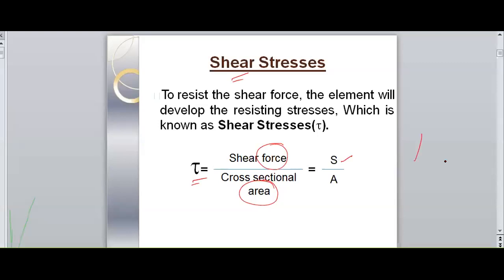If I consider a body, the shear force is acting tangential to the area, so I need to consider the shear force by area to calculate tau, that is the shear stress. The units for stress are Newton per meter square.